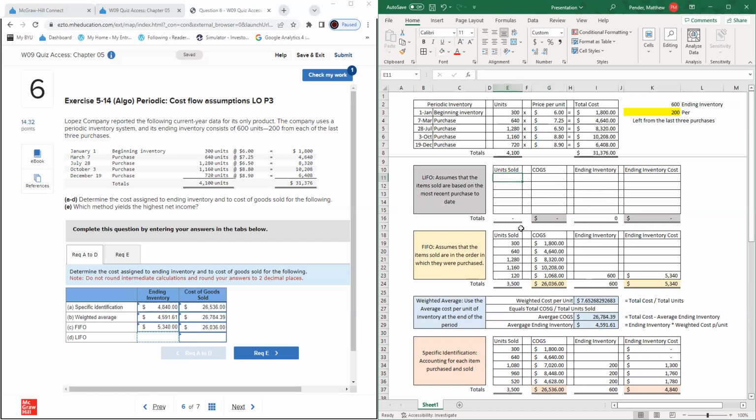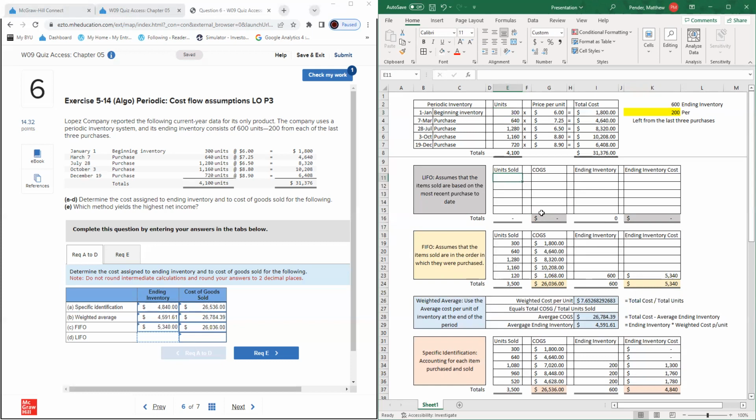So again, in reverse, instead of moving from the bottom to the top, I'm going from the top to the bottom, verifying first whether or not I purchased enough units to account for my inventory. So that's not going to work out on this level.